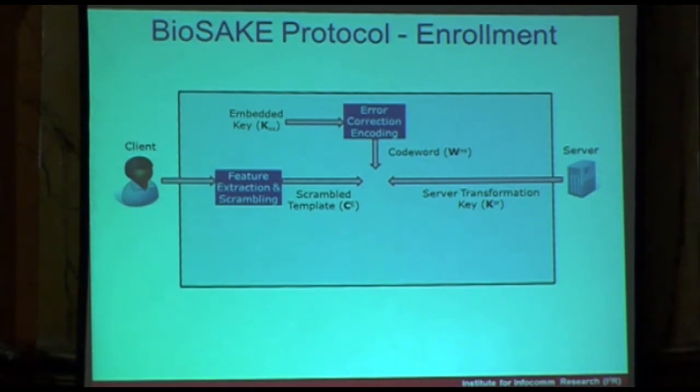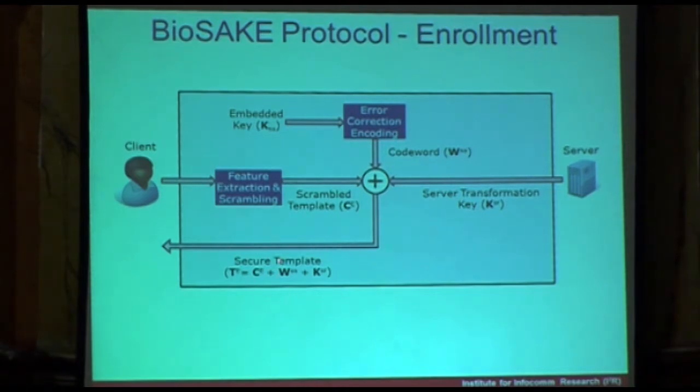We put all these things together in order to generate the secure template. So the template consists of the biometric data, the code word obtained from this key, and also this pseudo-random and independent server transformation key. The client stores this secure template and some hash values in order to do the verification. The server stores the server transformation key, this KSR, and again some hash values for verification.